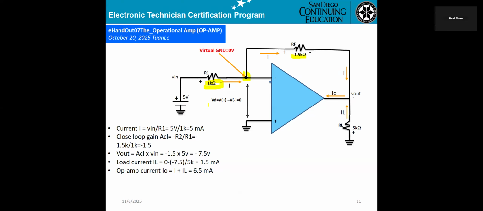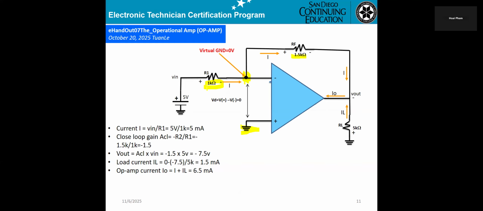Again, all the time, make sure you understand VD, the difference between two inputs, equals 0. So that's why V positive and V negative are equal. So you get a physical ground here, equal 0. So on this, the virtual ground is in here. You also get the 0.